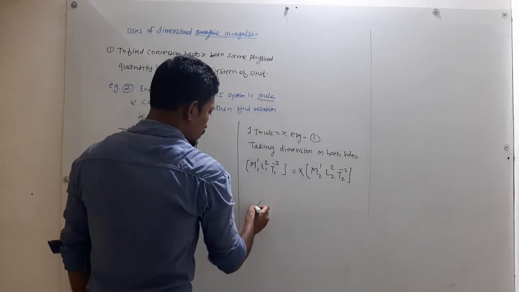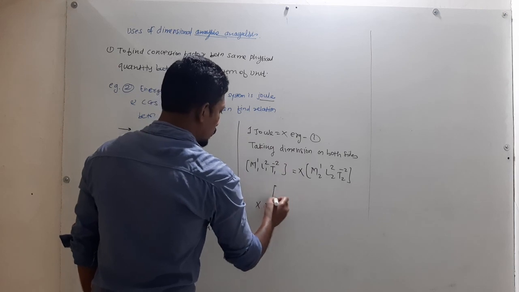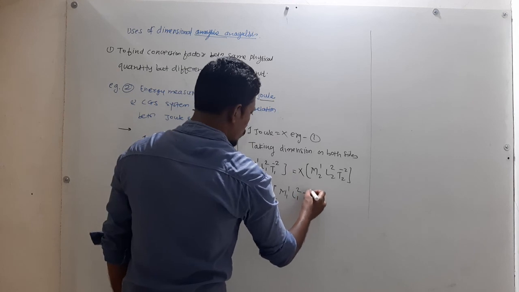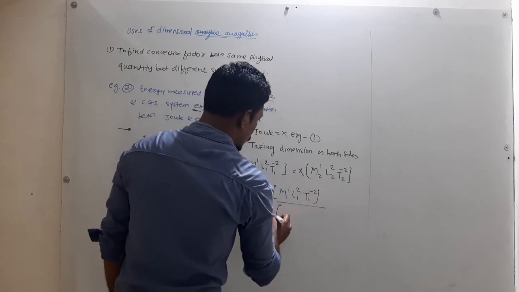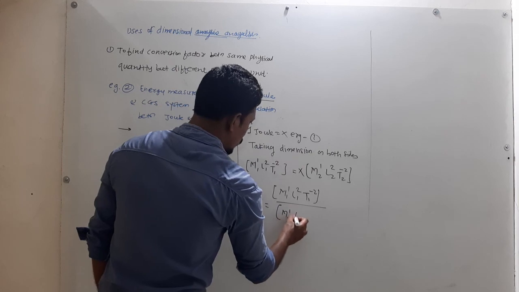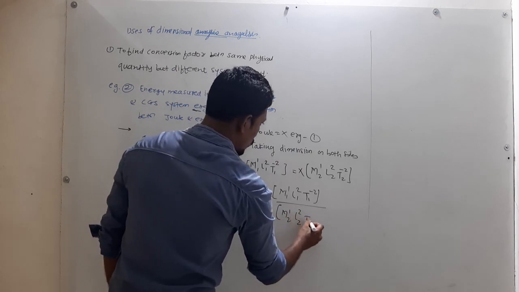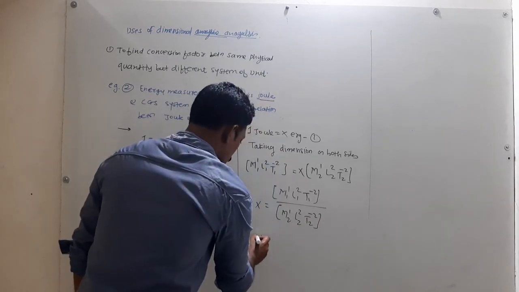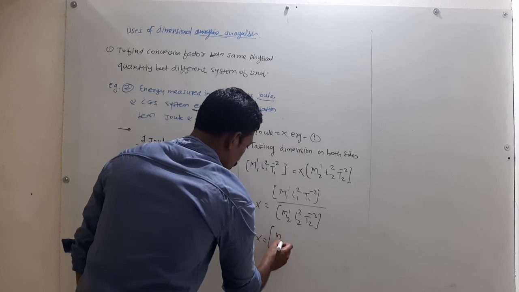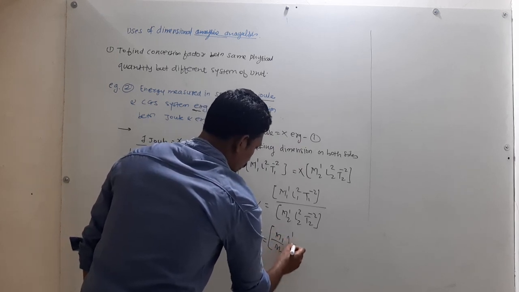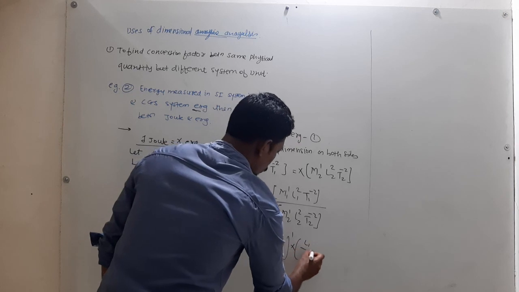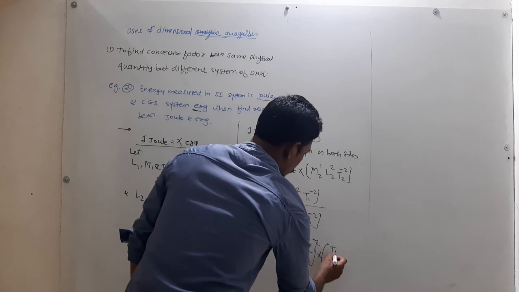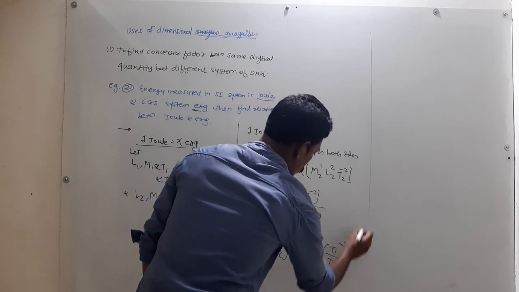Find out x, that is the conversion factor. This is M1 to 1, L1 to 2, T1 to minus 2, divided by M2 raised to 1, L2 raised to 2, T2 raised to minus 2, okay? Then x is equal to M1 upon M2 raised to 1, into L1 upon L2 raised to 2, into T1 upon T2 raised to minus 2.